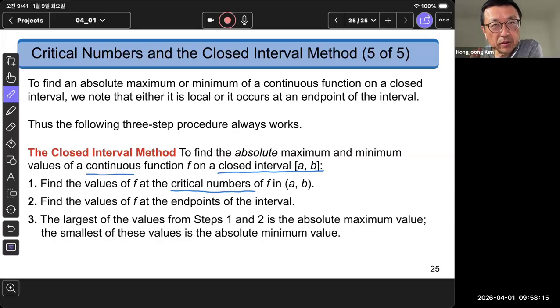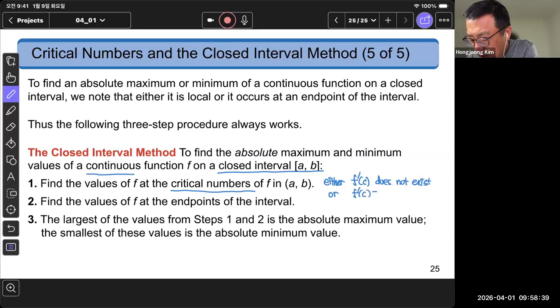There are two possibilities for a critical number. If some c is a critical number, then either f prime at c does not exist, or f prime of c is 0.